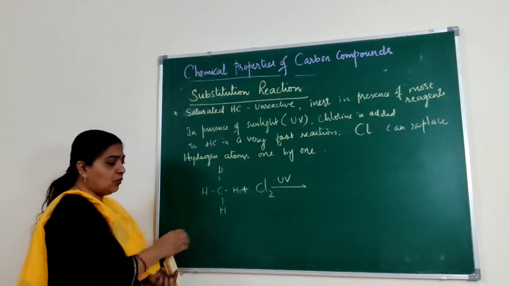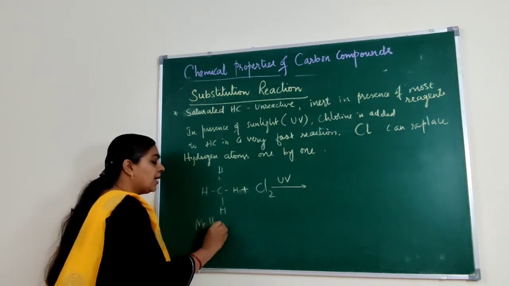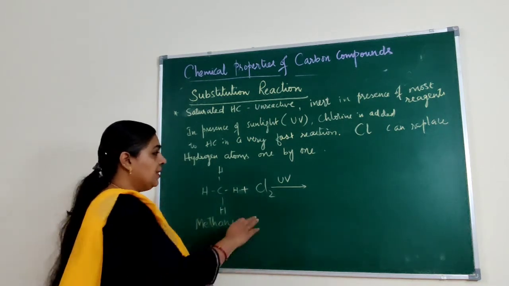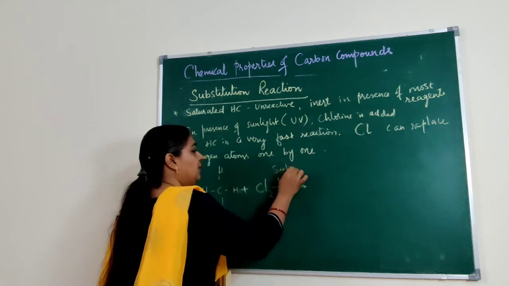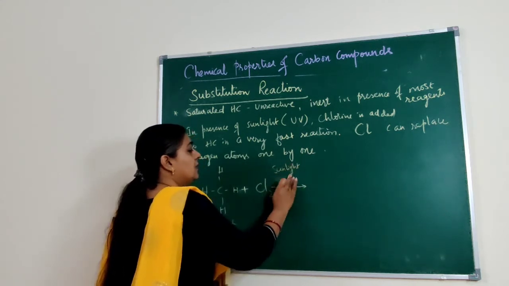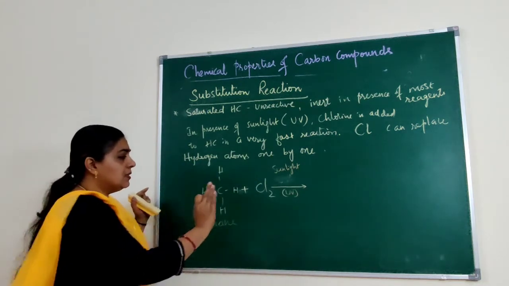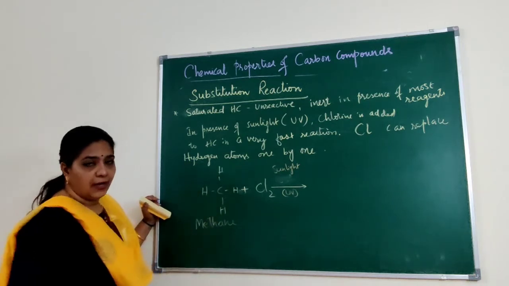This is methane, you know very well. So it is made to react with chlorine. Chlorine, you know, is diatomic in nature, and in the presence of UV light, or write it as sunlight only. In the presence of sunlight, actually it is UV radiation. So what happens? This chlorine atom will replace one of the hydrogen.